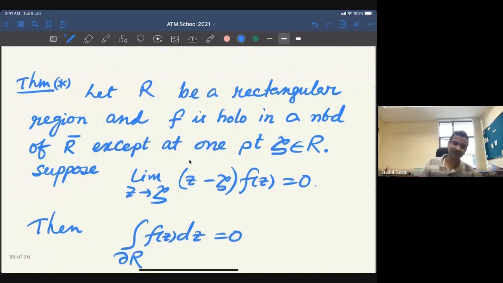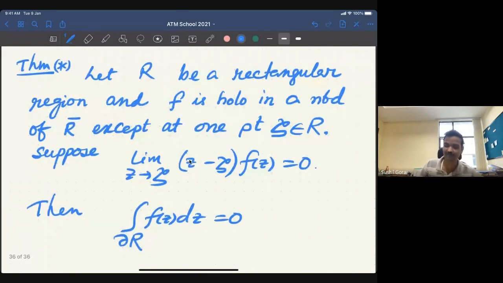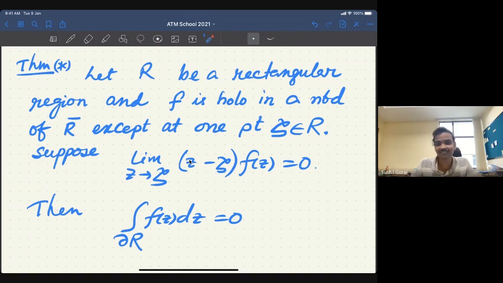So you see, we actually removed the assumption of holomorphicity at one point. So you can do it for finitely many points also. All right, is the statement clear? But we had to incorporate this one with a limit. And this limit perhaps you will see later as well.